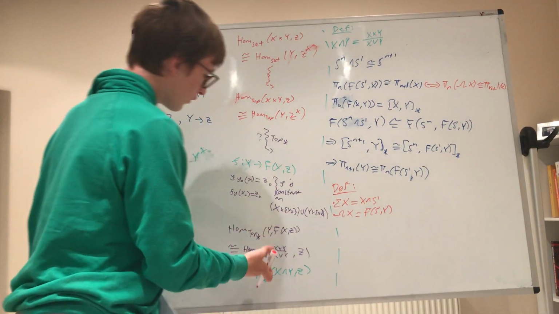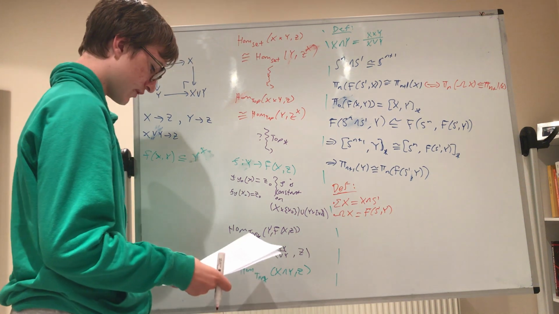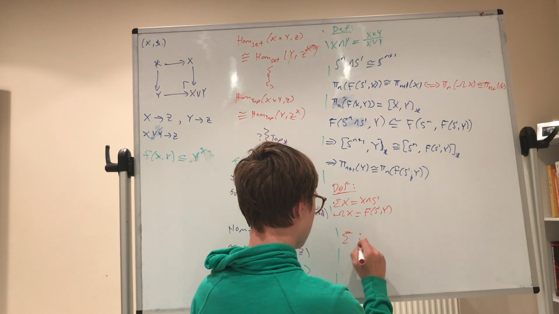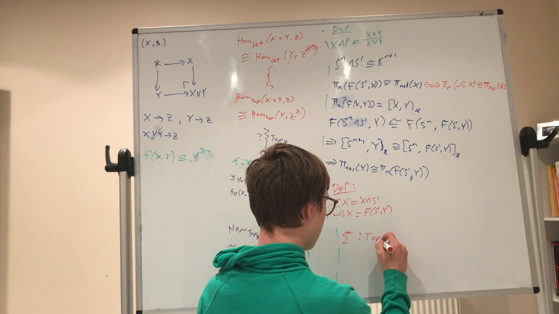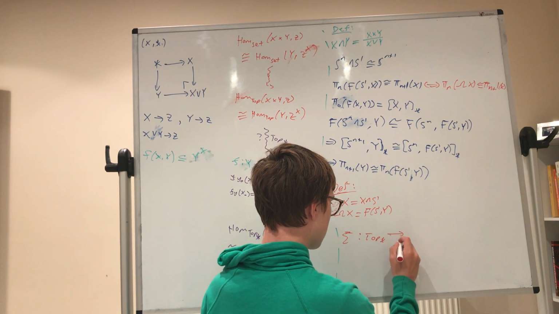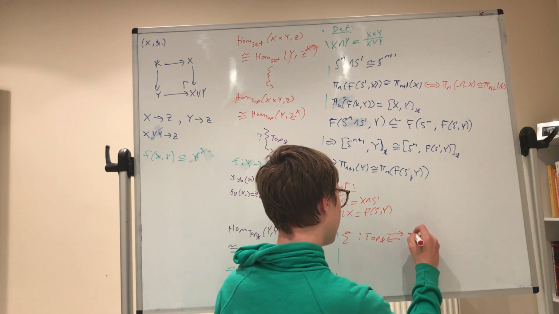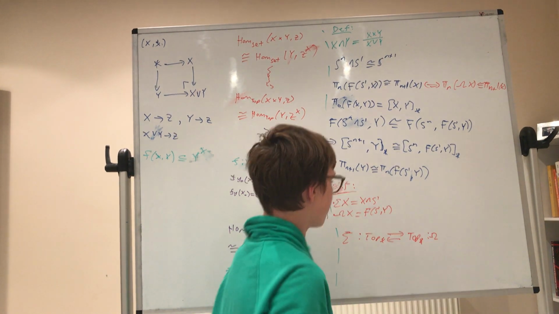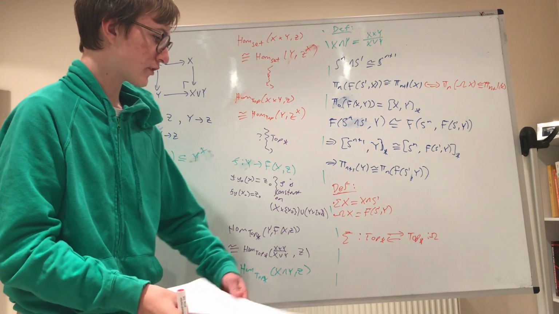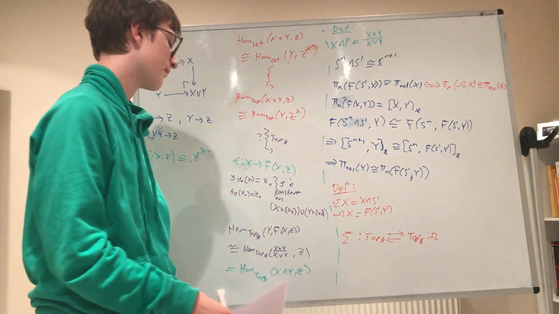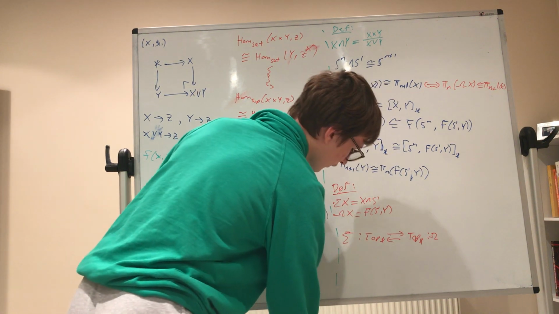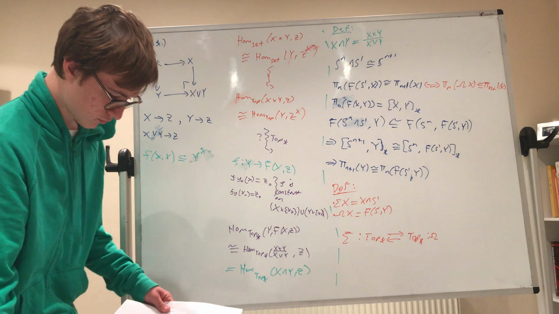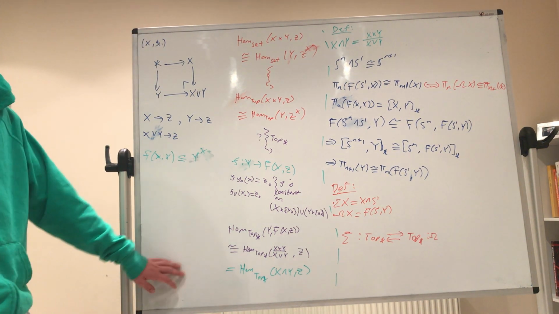Also, what this result means is that we have an adjunction between the suspension and the loop space, like so, in the category of based topological spaces. So, what have we actually done here so far?